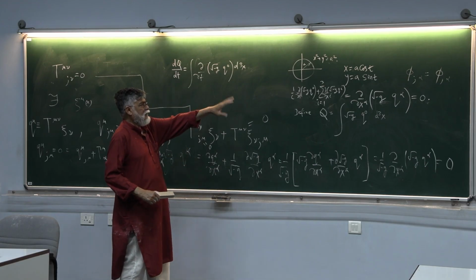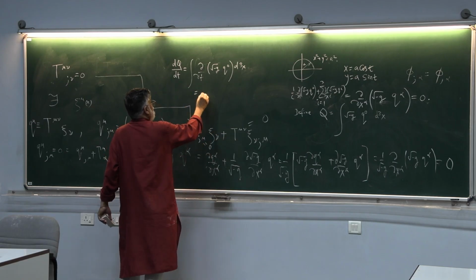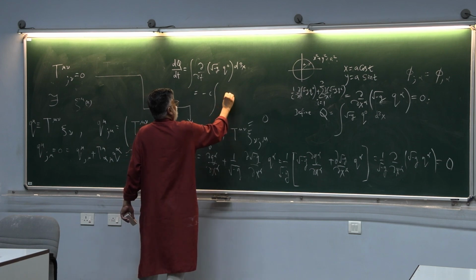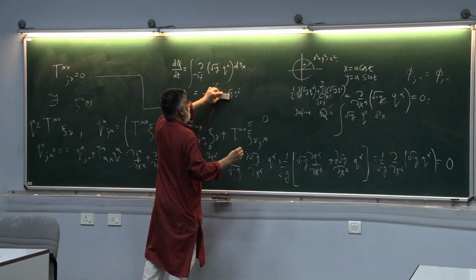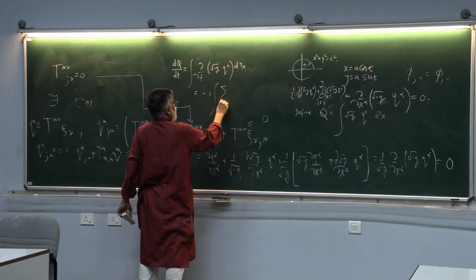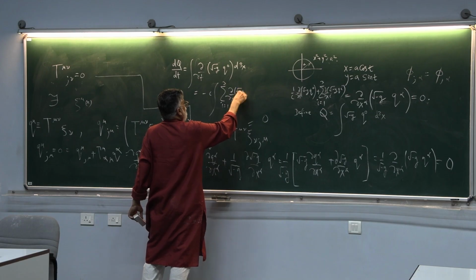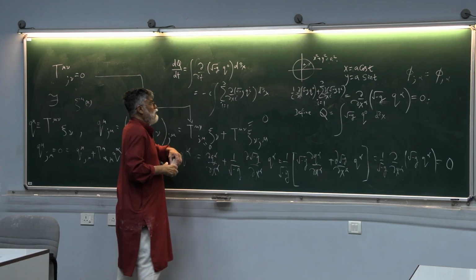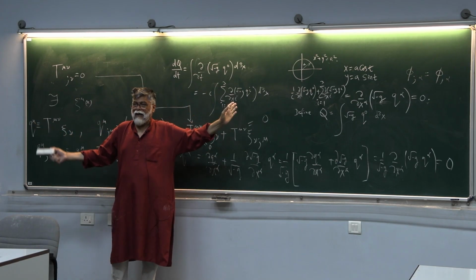So the correct way to write it, this object can be written as minus c, summation i equal to 1 to 3 of del by del xi of root minus g qi d cube x, integrated over the entire volume.